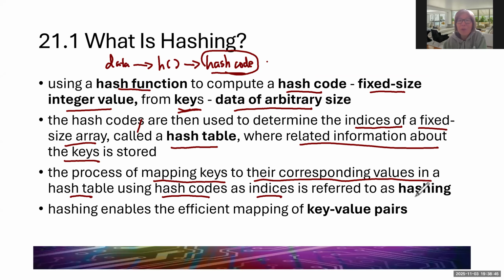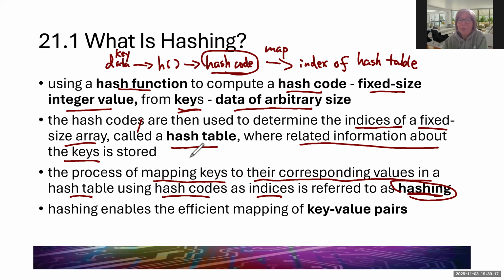This process we call hashing. Here the data is the key, we apply the hash function to generate a hash code, and the hash code maps to the respective index of the hash table.